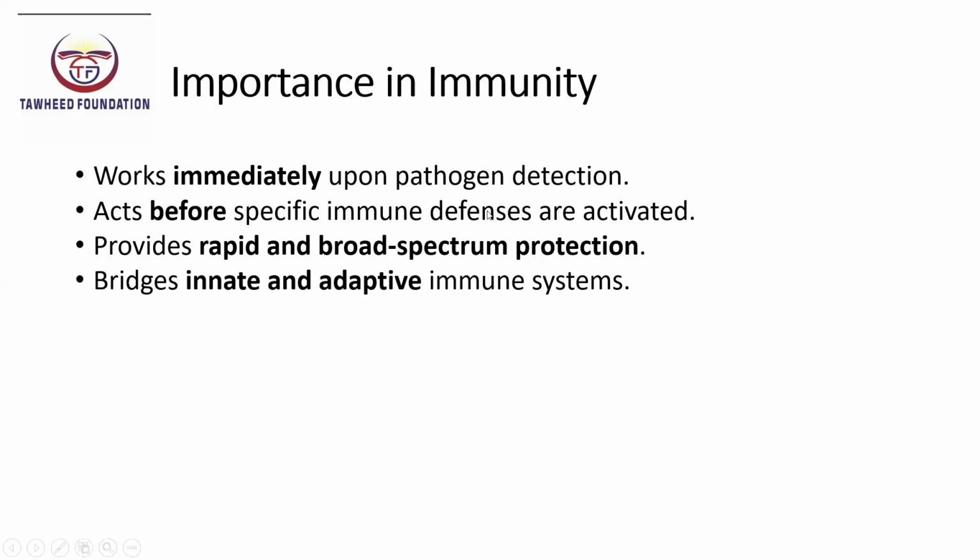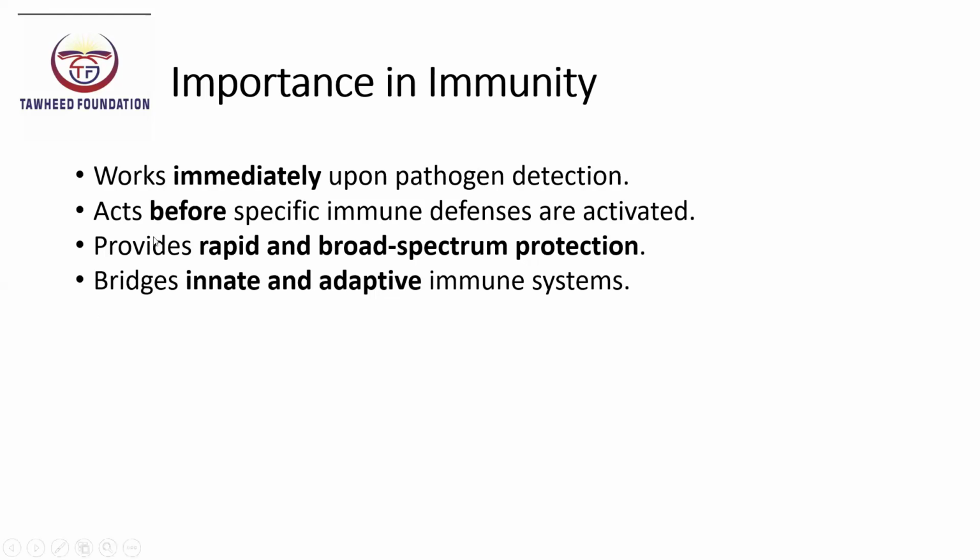Once they are produced, antibodies can trigger complement activation to destroy pathogens more efficiently. Thus, complement not only provides rapid innate defense but also acts as a bridge that connects innate and adaptive immunity, ensuring a seamless immune response that can both recognize and eliminate foreign invaders effectively.